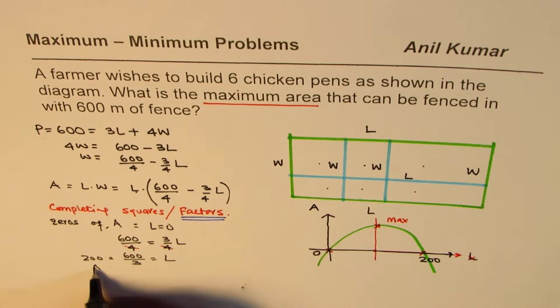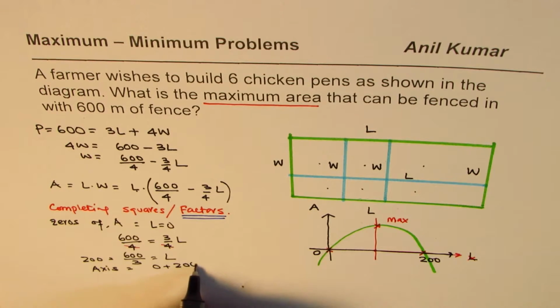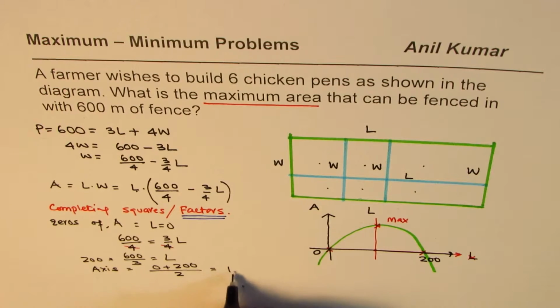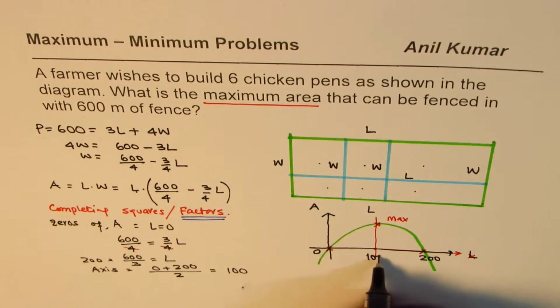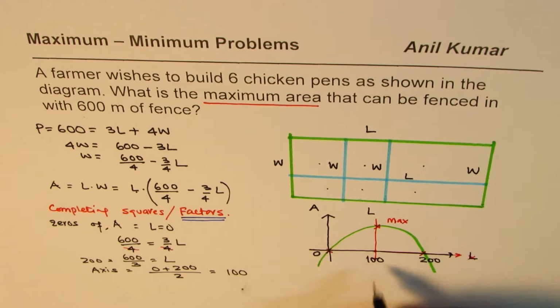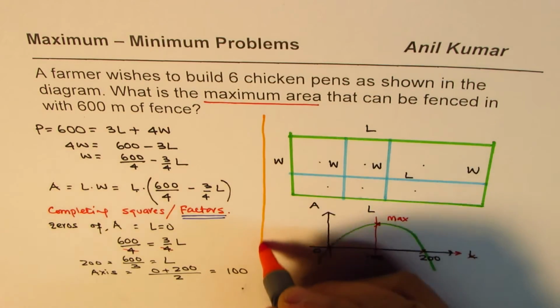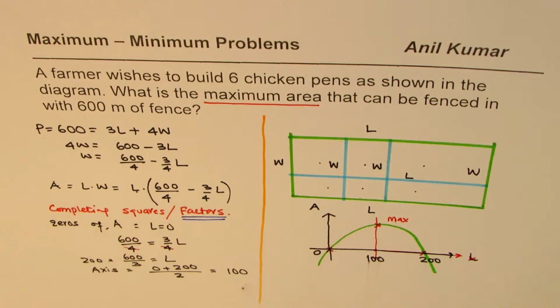So what we have here is axis equals 0 plus 200 divided by 2, which is 100. So this is that 100 which we are talking about. So we have found the length using this axis of symmetry, right? I hope you appreciate this method, correct? It is very fast. So we did not really do any completing the squares, or complicate things by expanding and simplifying. With fractions, it becomes kind of tricky. So I hope you appreciate this method.